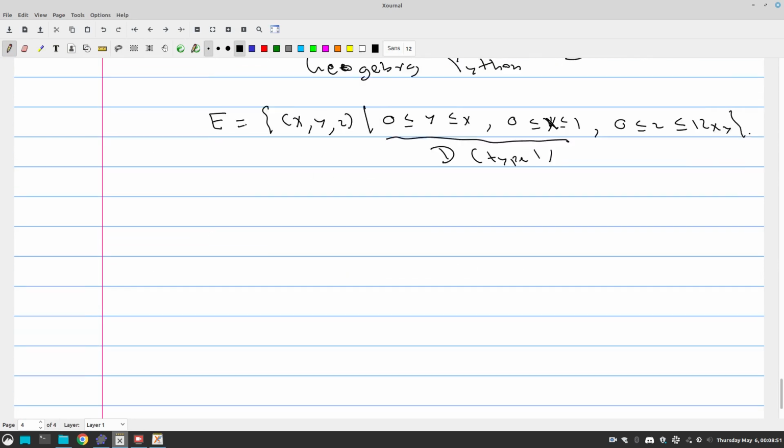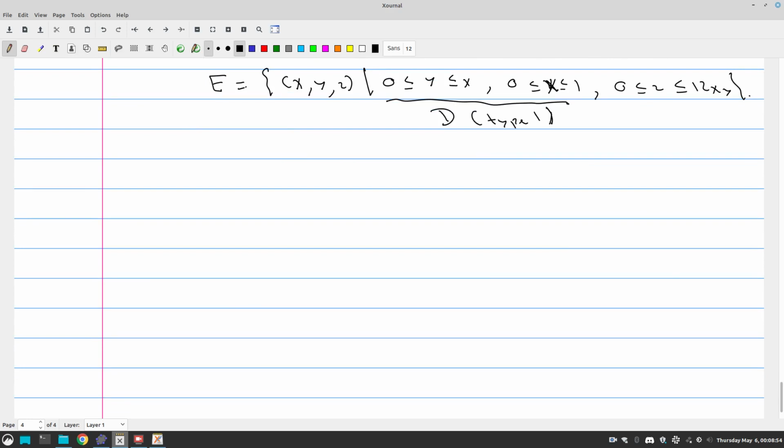right? Alternatively, we could have written D as a type 2 region, right? As in (x, y, z) such that 0 ≤ y ≤ 1, y ≤ x ≤ 1, 0 ≤ z ≤ 12xy, right?